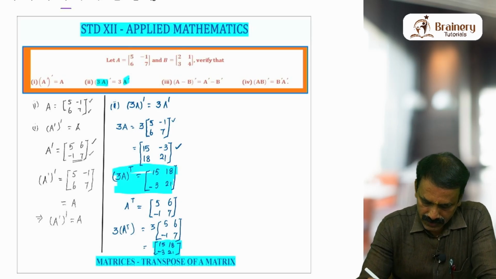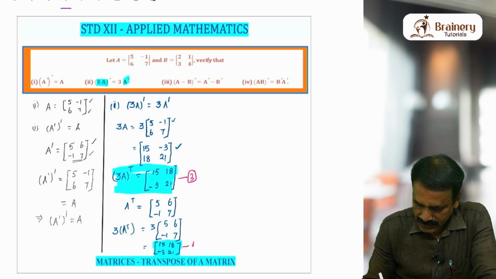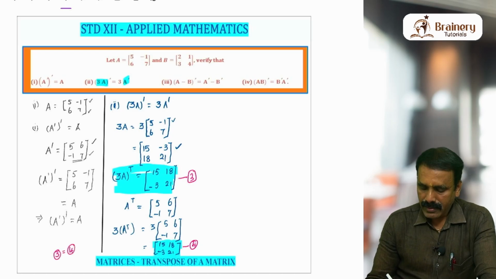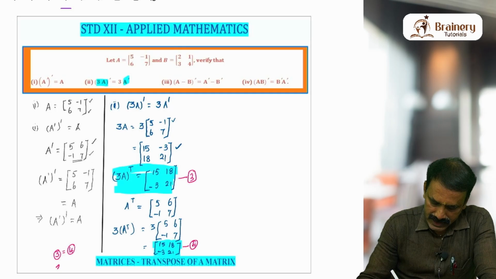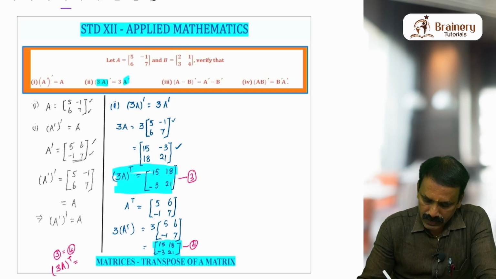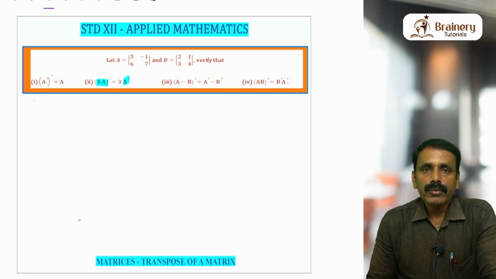So what do we conclude? If you take this as the third equation and this as the fourth equation, we get 3 equal to 4. Correct? So we rewrite this statement as 3A whole transpose equal to 3 into A transpose.